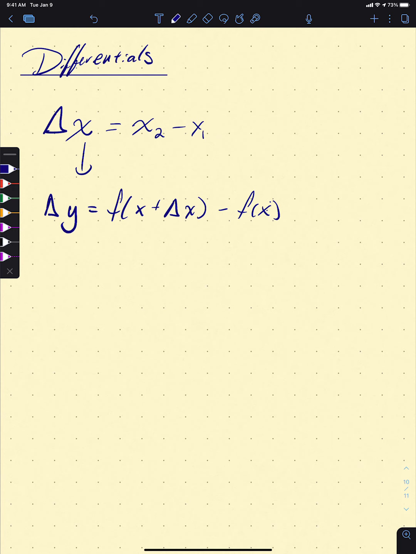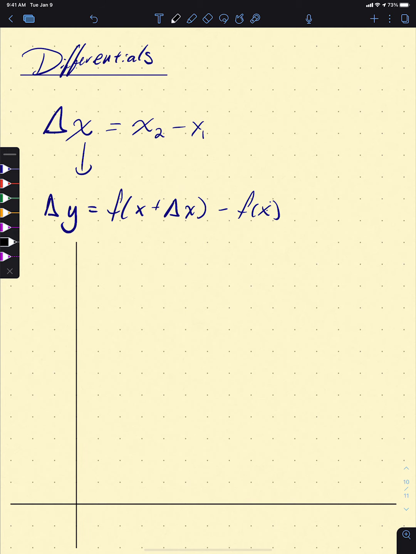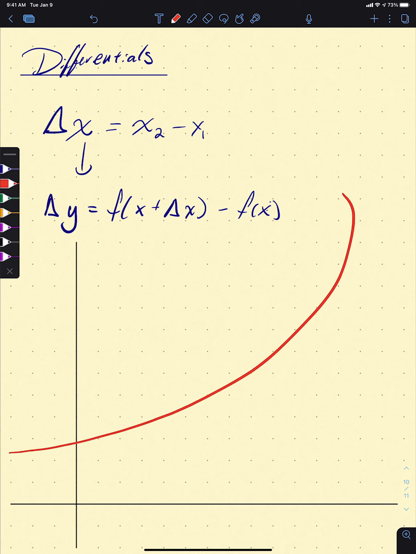Looking at a picture of this, let's get some generic graph. Say that guy. We'll choose some point, call it x, and take some finite step to x plus delta x.